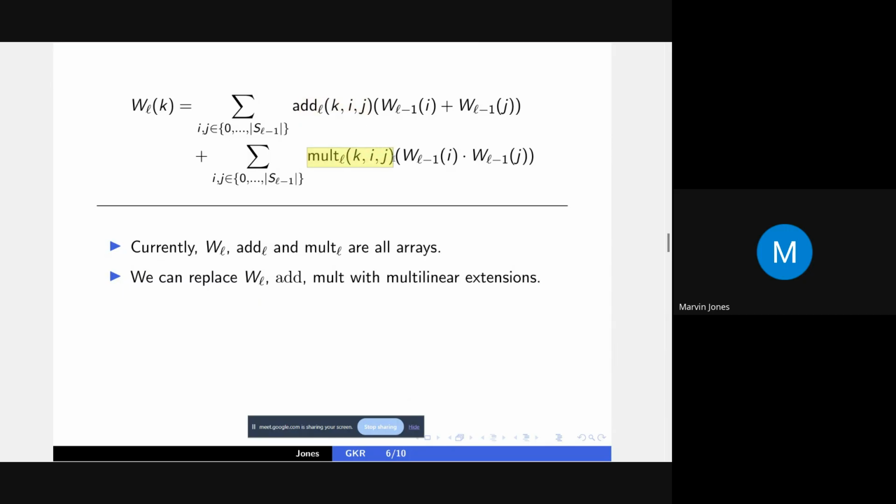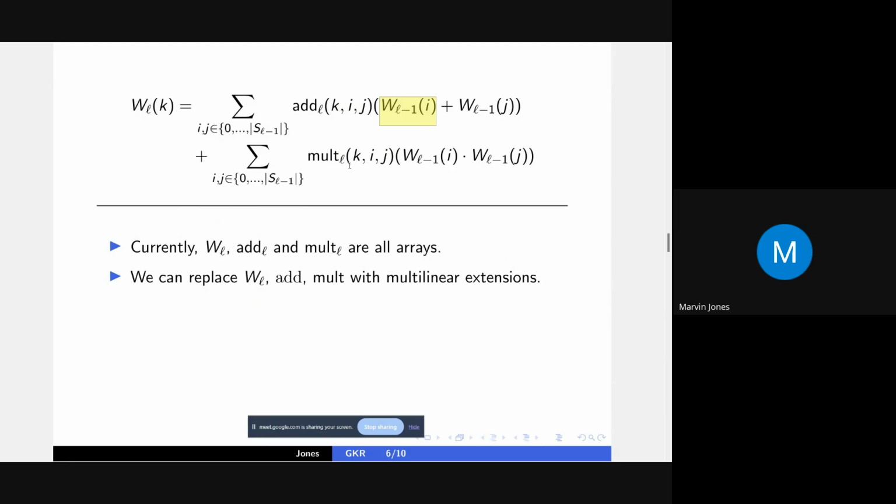For this combination, do I have multiplication? So this would output 1, this would output 1. So it's just an array of binary strings. This W_{L-1} of I is again just the vector for all the gate assignments for the layer L minus 1. So that's all we have going on.